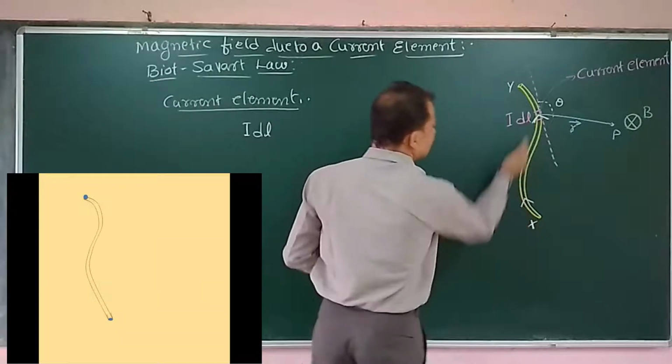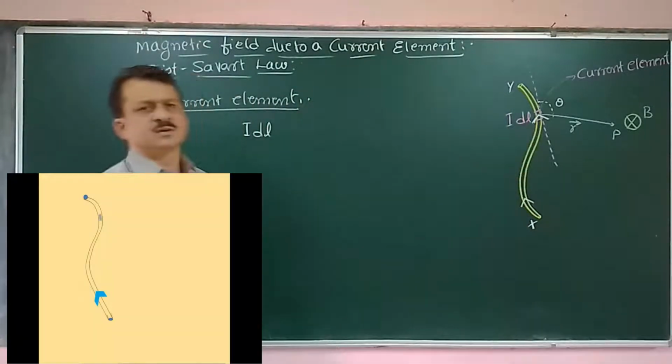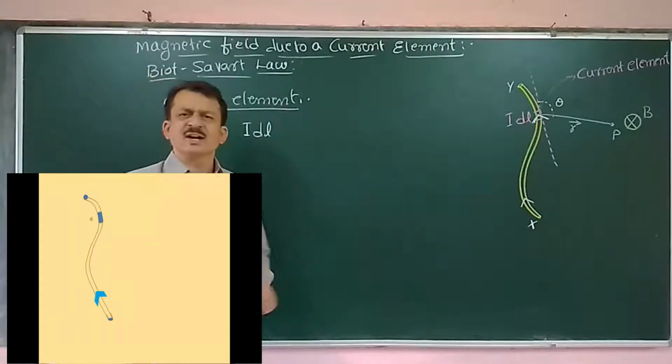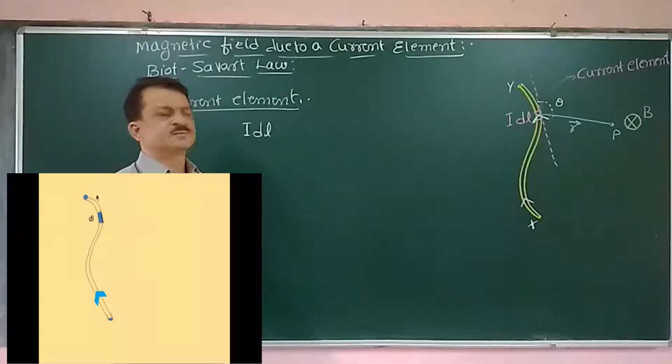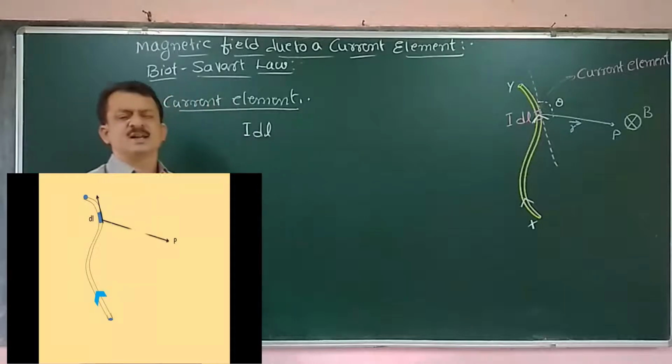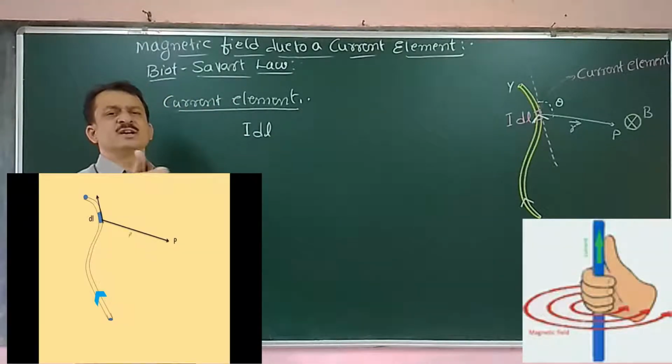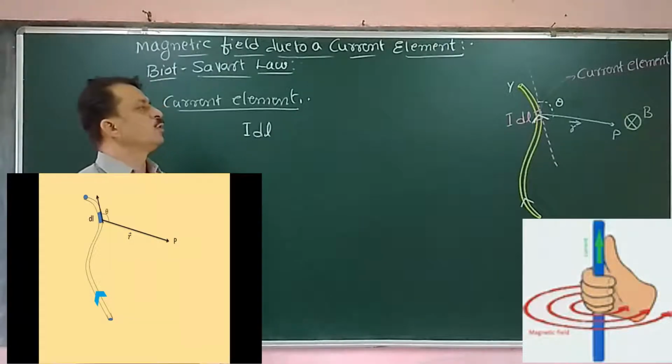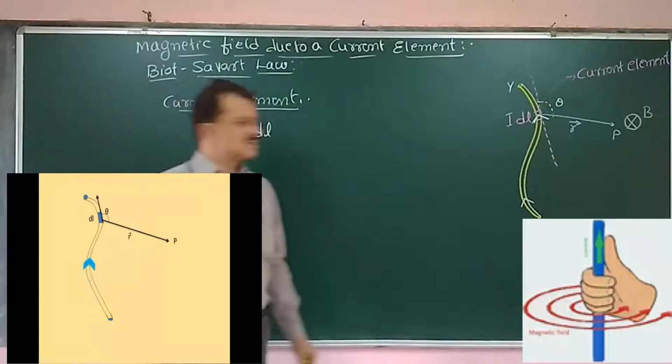Now, in this conductor the current is flowing, so obviously there is a magnetic field around it. What is the direction of the magnetic field? We are already familiar: the direction is found by using the right hand clasp rule, as we said in the previous classes.